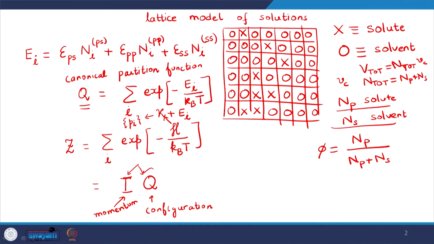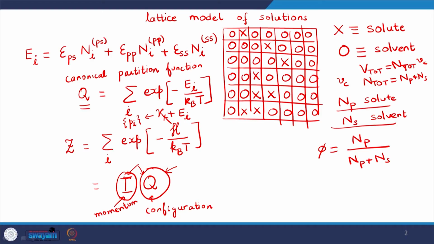So we are only dealing with this part of the thing, and it turns out that the first part can be analytically evaluated under certain assumptions. I will not really get into that, but for this particular lattice model, that is inconsequential because the positions are fixed, as we had discussed earlier. So nonetheless, now assuming that we are still working with the configurational partition function and everything else that we have derived still holds true, we may have some correction because of momenta, but not within the context of the lattice model.